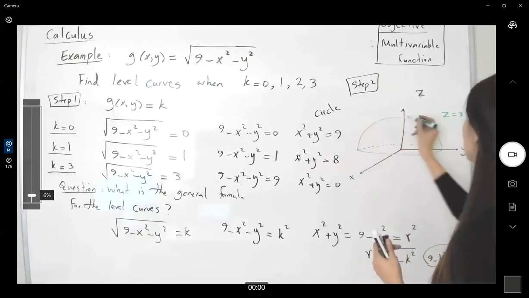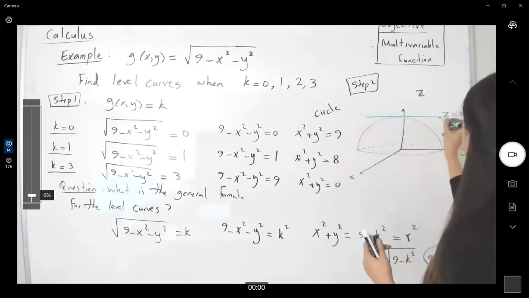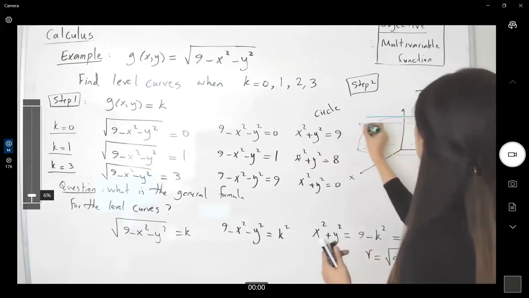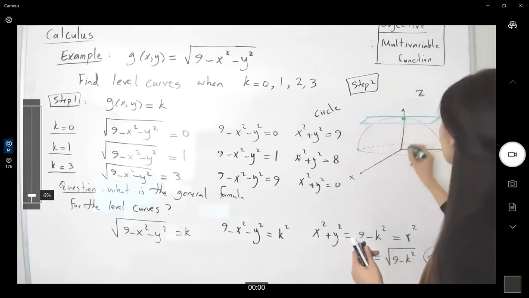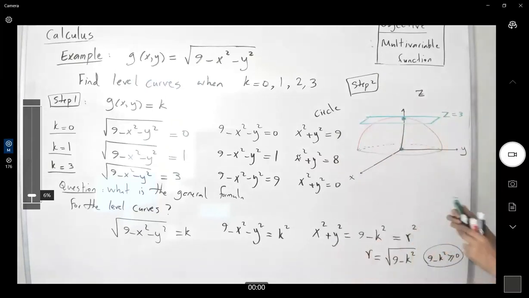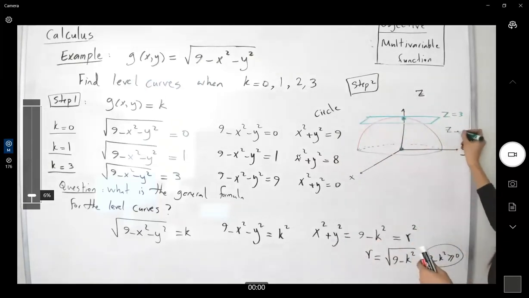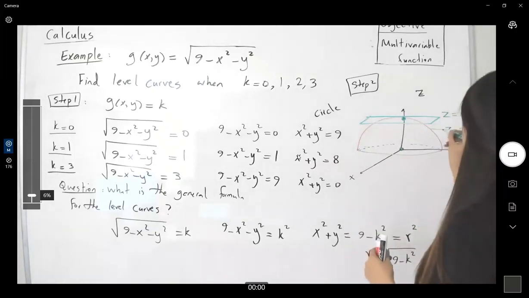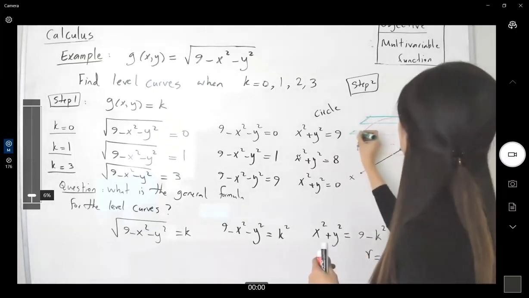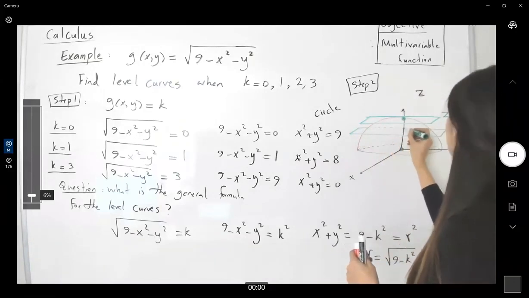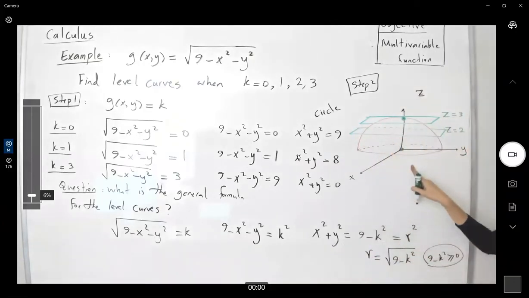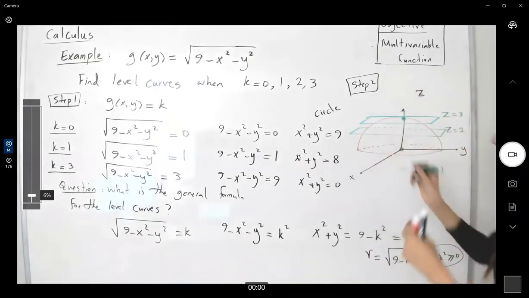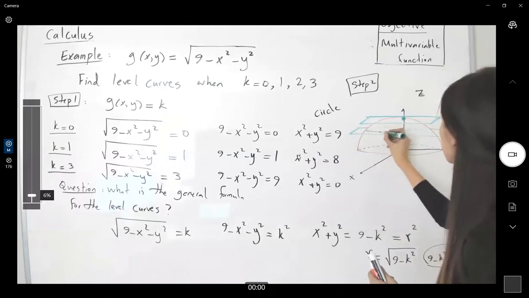So this is going to be your z equals 3. That's why you get your origin here. Then if z is equal to 2, you get another plane. This is your next plane. And the level curve that you get is going to be in the xy plane. This level curve is just a circle.